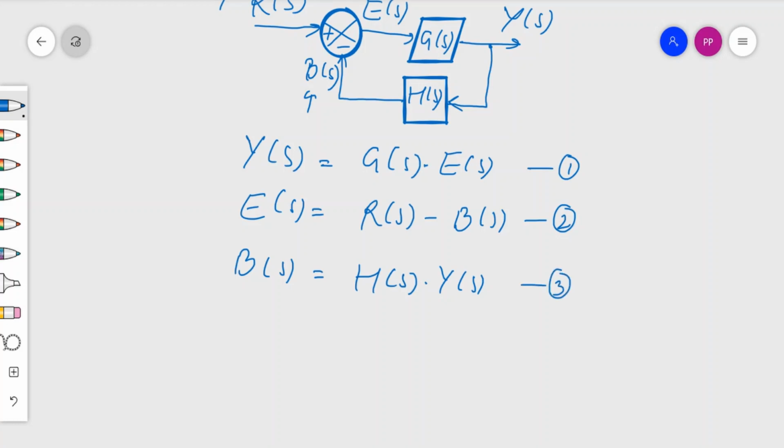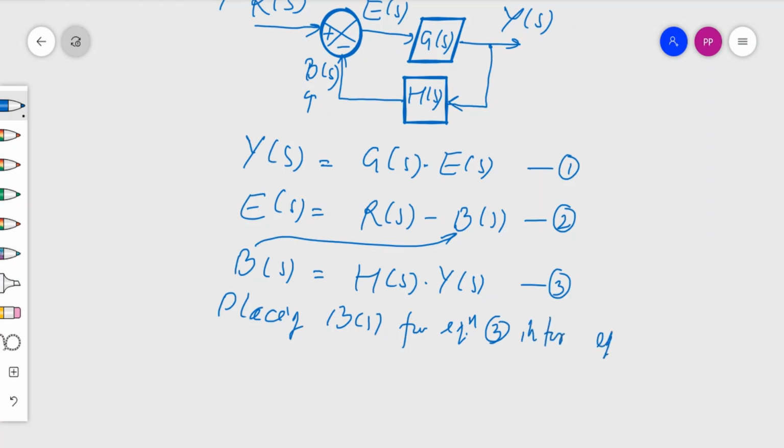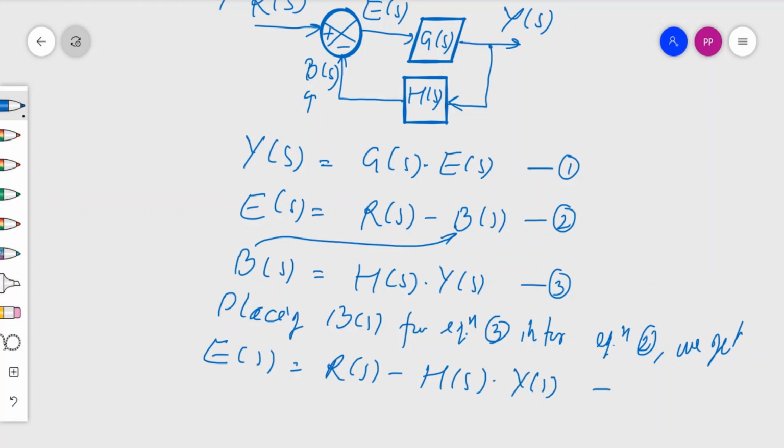Now what I will do, I will eliminate B(s) and E(s). In order to eliminate B(s), I place it from equation 3 into equation 2, and we get E(s) = R(s) - H(s)Y(s). This is equation 4.